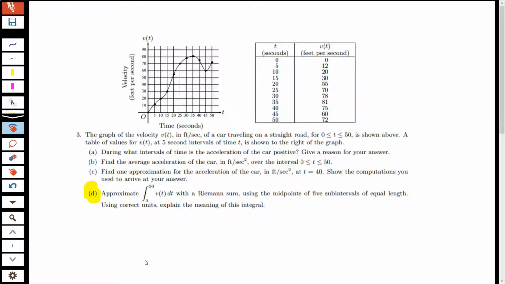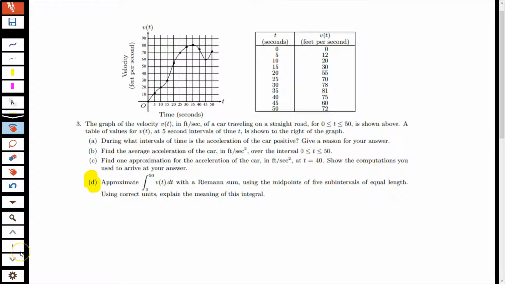You know how to do A, B, C, and now D. D is the newest thing, and D is what we're going to go over here. But feel free to attempt the other ones as well. I've put some of these parts of this FRQ in front of you before too.